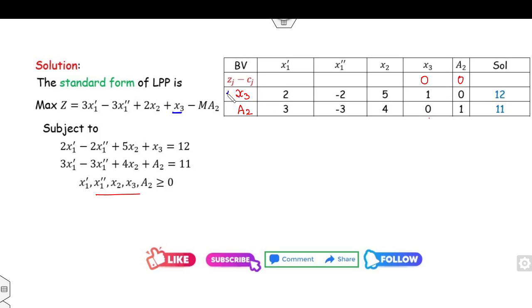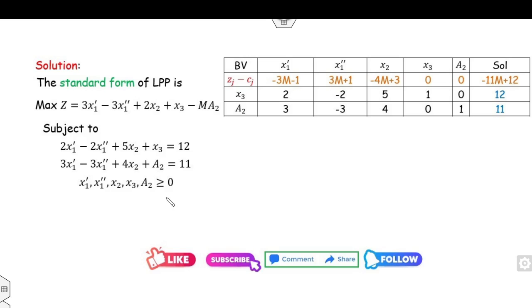X3 is 1, and the Cj value is 3 minus 3, 2, 1, minus M. So it will be 2 minus 3M. Upper value is minus 3. So this number is minus 3M minus 1. Similarly for this case, minus of 2 plus 3M. Upper value is minus 3. So it's a plus 3. So that number is 3M plus 1 and so on.